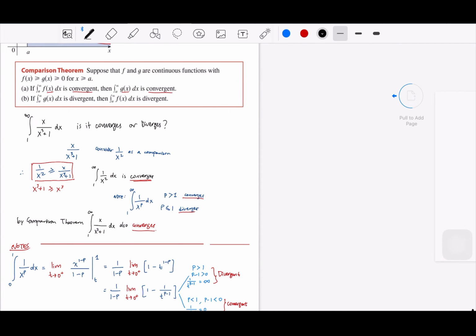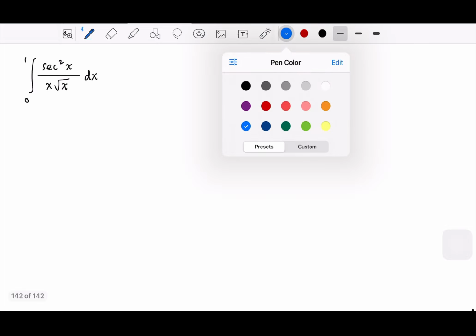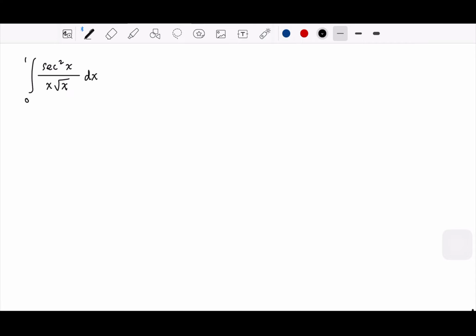Okay, let me give you one example. Let's say we just want to determine whether it converges or diverges.